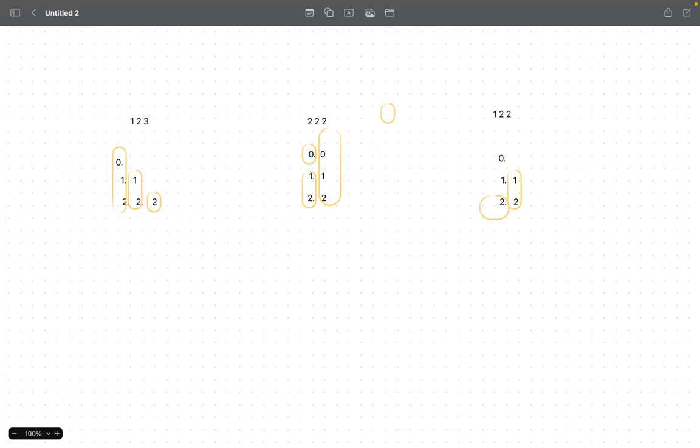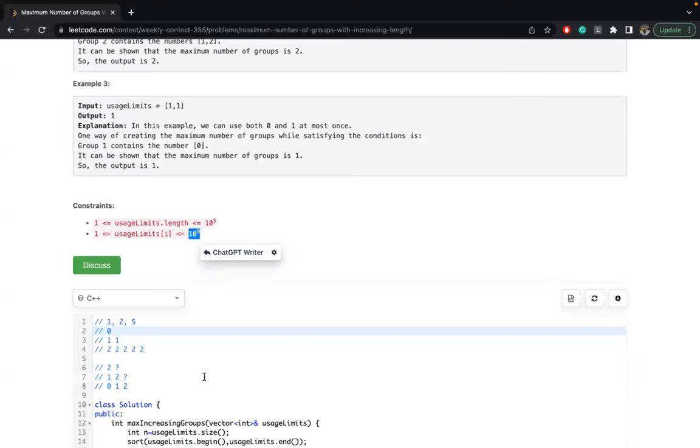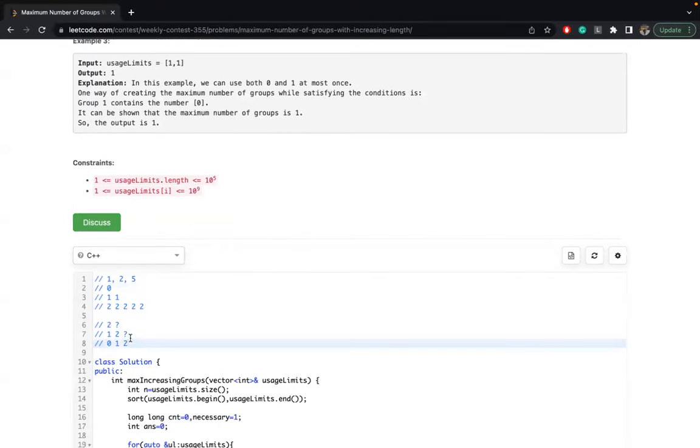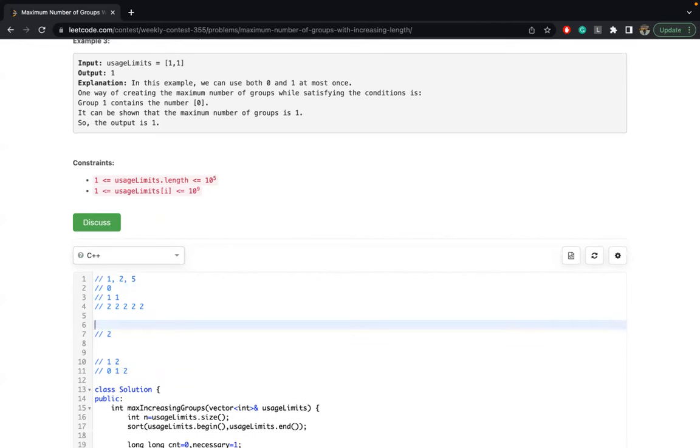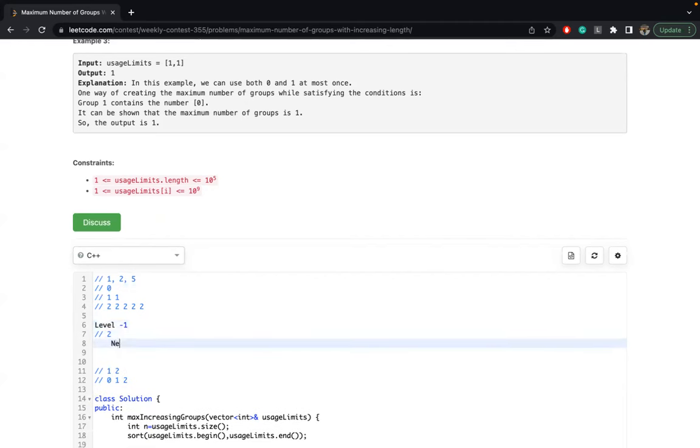Why 6? Let's write it here. For level 1, you will just have one length, so it's 2 only, and the necessary count is just 1.